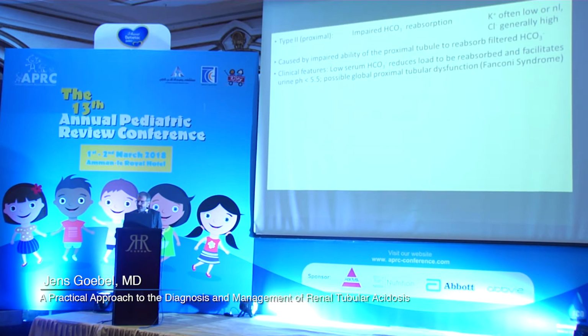And then the other important consideration in proximal RTA is that the RTA can be not isolated, but can coexist with other signs of proximal tubular dysfunction. And as I mentioned earlier, one of the cardinal roles of proximal tubules is to reabsorb all sorts of things out of the primary filtered urine that's coming out of the glomerulus.